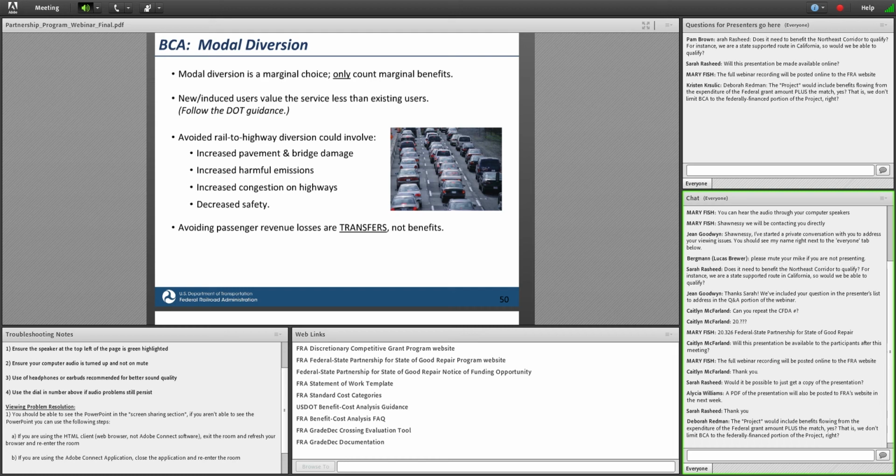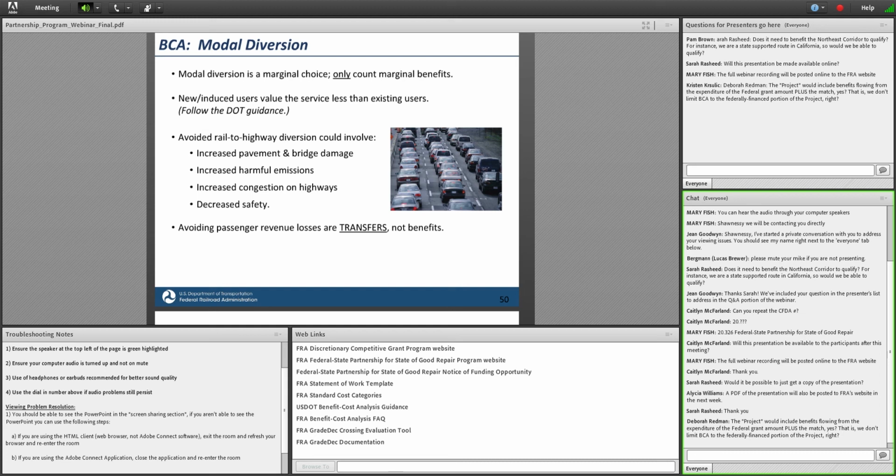And avoiding lost passenger revenue as a result of not taking the project is not considered a benefit. The dollars that the passengers would have spent on your service would have to be spent on other things, like the vehicle operating costs of their own vehicles or on a different mode.